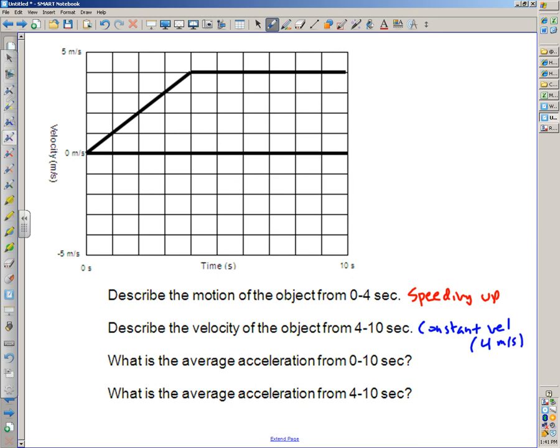Average acceleration from 4 to 10 I think is 0. Yeah, 4 to 10 is 0. I told you 0.